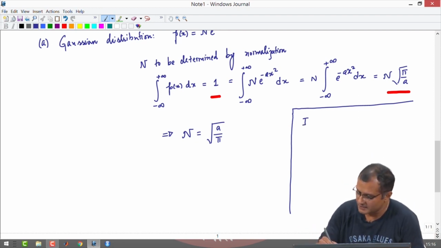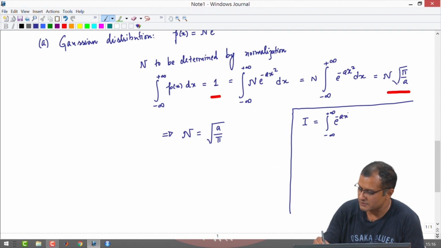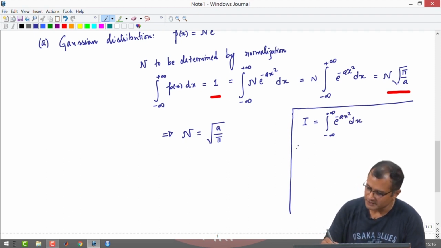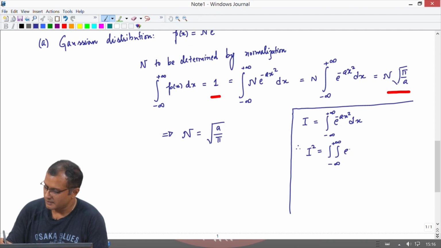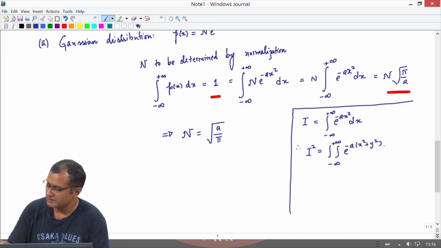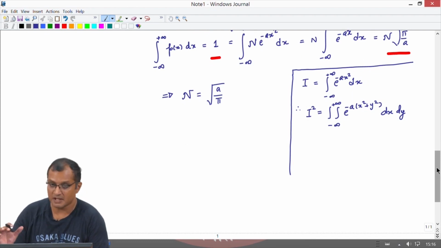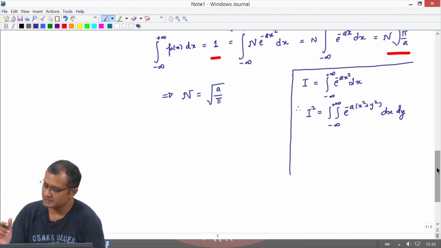So, if I write down this Gaussian integral I as minus infinity to plus infinity e raised to minus a x square dx, this means my I square has to be the double integral e raised to minus a into x square plus y square dx dy.